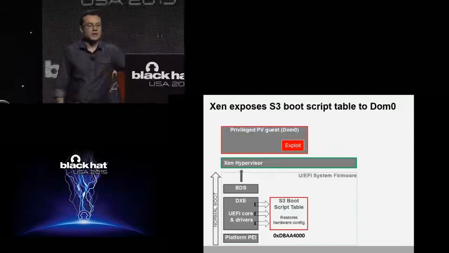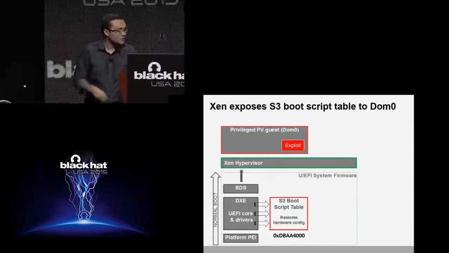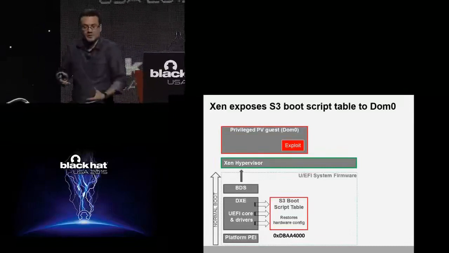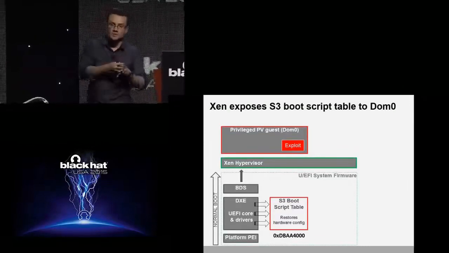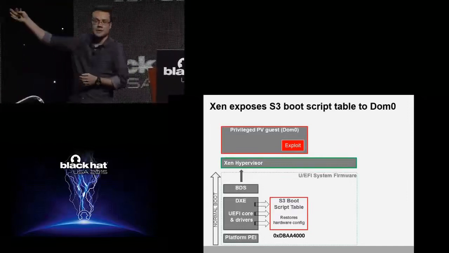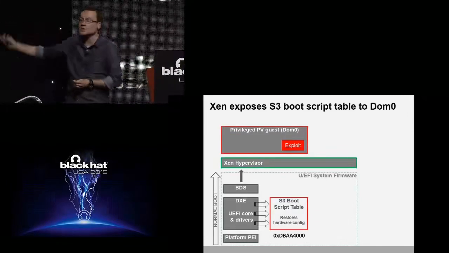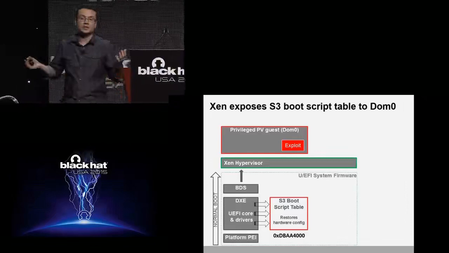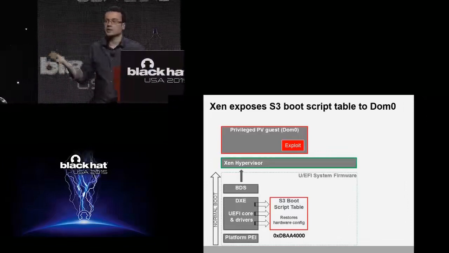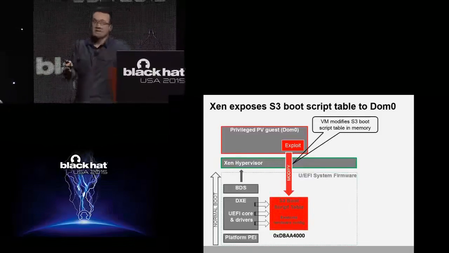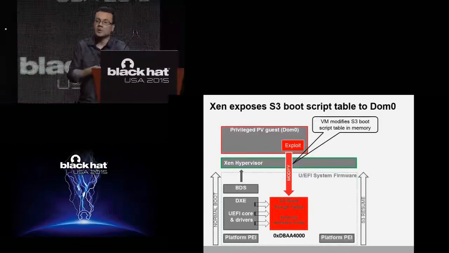So this is how this mechanism can be abused, because if the hypervisor provides access to that table to a virtual machine, let's say the privileged guest, in this case we're using Dom0 on Xen, and this is just a structure in memory, so it's just access to memory, then the exploit within that guest can modify the opcodes within that boot script table and put the system in sleep.